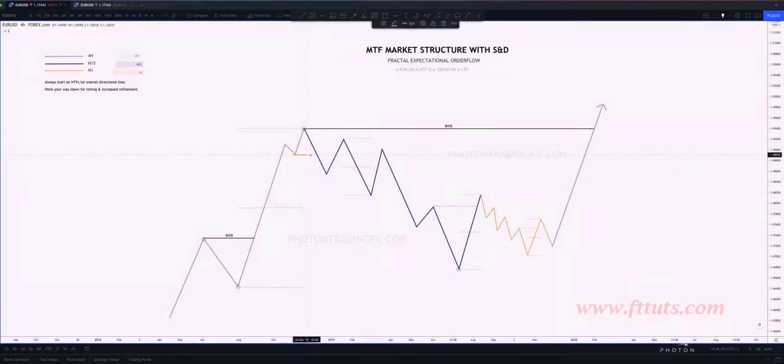Now, when you see that 4-hour change of character, that 4-hour minor break of structure, if you were to drop down to the 15-minute chart, which is this blue line, not always, but most likely, that 4-hour change of character will be a 15-minute change of trend. Because this tiny minor 4-hour pullback, denoted by the green line, will most likely be a big deep pullback on the 15-minute chart.